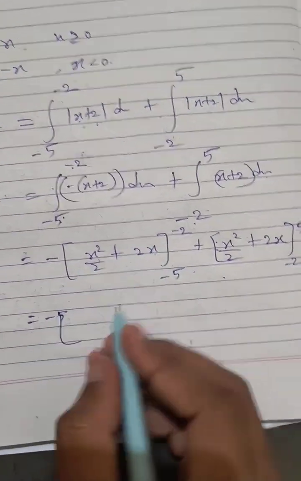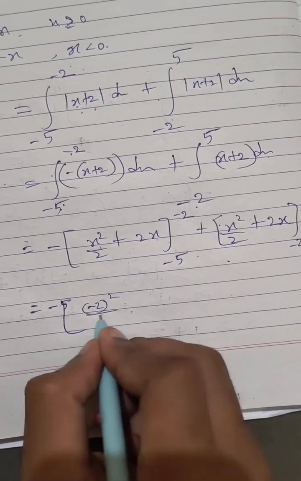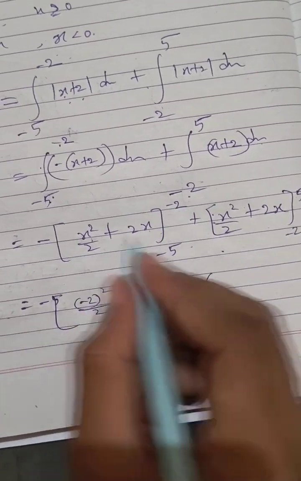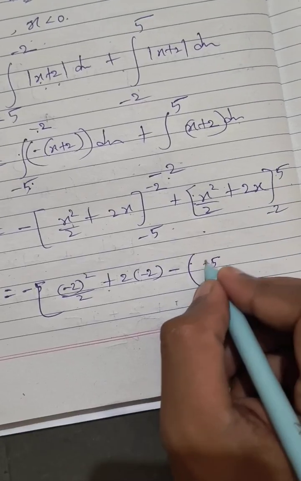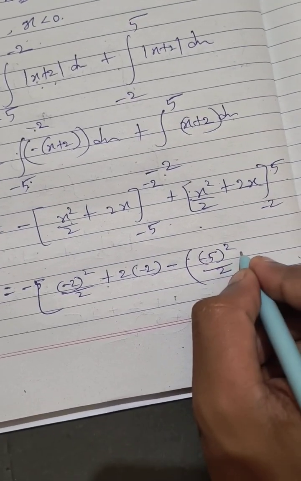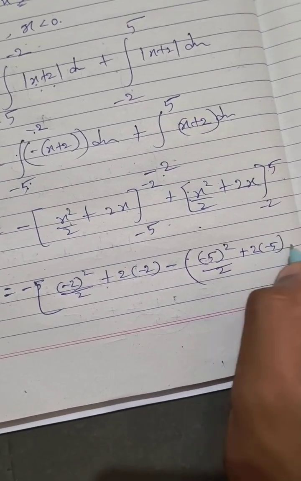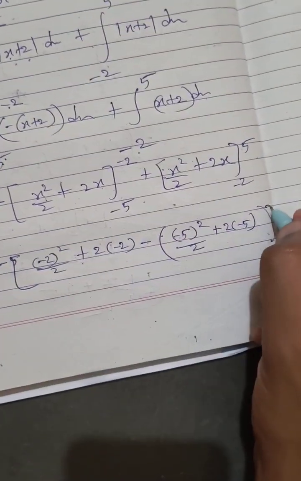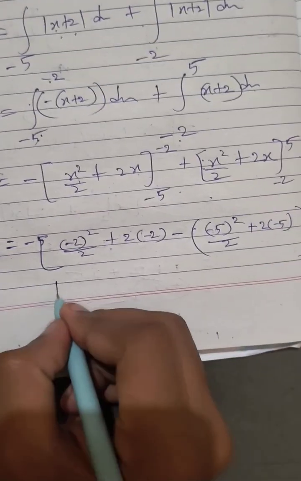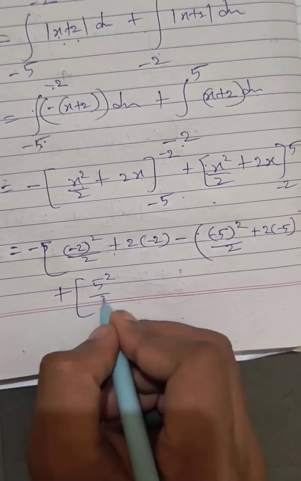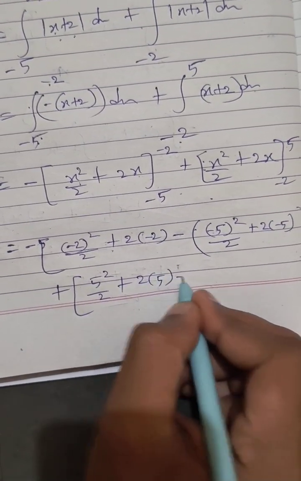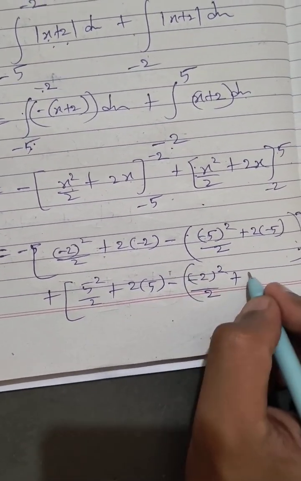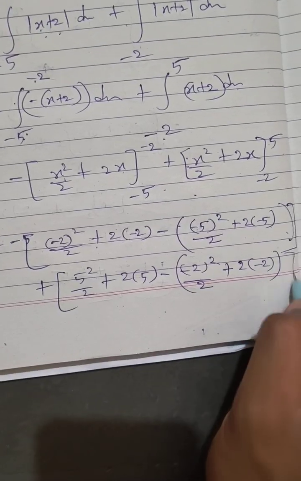Upper limit first: minus 2 whole square divided by 2, plus 2 times minus 2, minus the lower limit: minus 5 whole square by 2 plus 2 times minus 5. Now we are done with the first term. Then go for the second one: 5 square by 2 plus 2 times 5, minus minus 2 square by 2 plus 2 times minus 2. Is it clear, student?